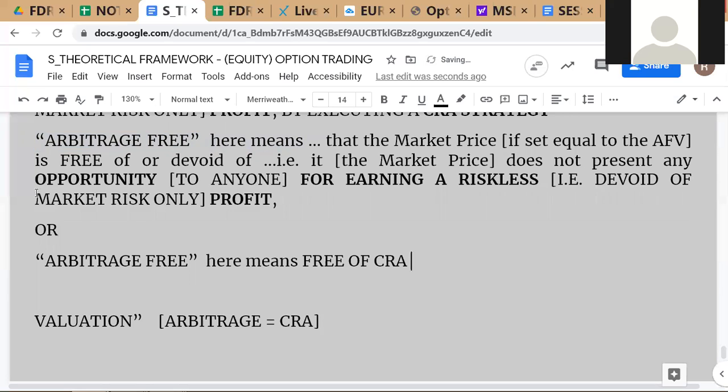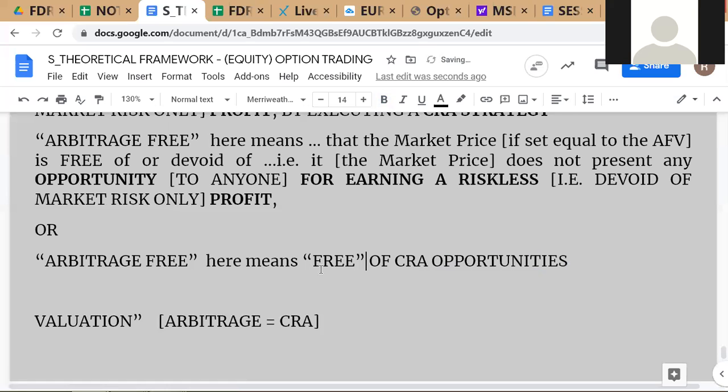Opportunity again is a big word, so I'm not going to write it, I'm just going to copy it. Free of CRA opportunities. That's it. Basically, that's what arbitrage free means. So by arbitrage free, we mean free of arbitrage opportunities, of CRA opportunities.